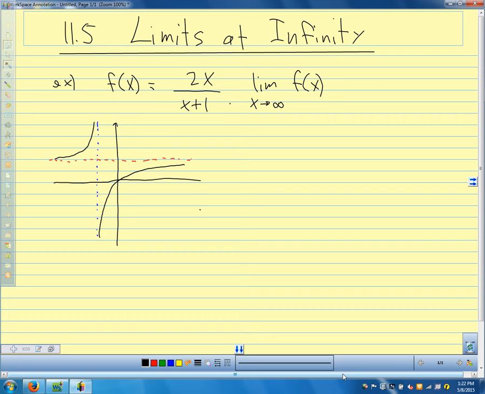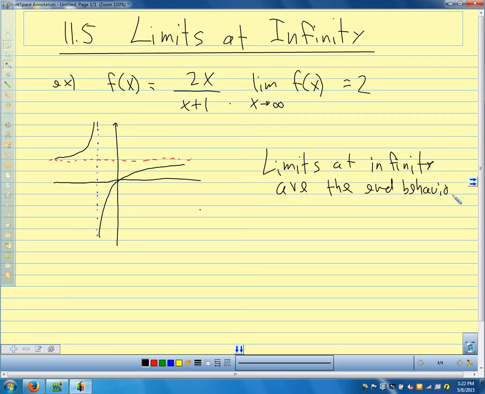So as x approaches infinity, way out here, what value is the function getting close to? 2. Limits at infinity have to do with the end behavior of our function.